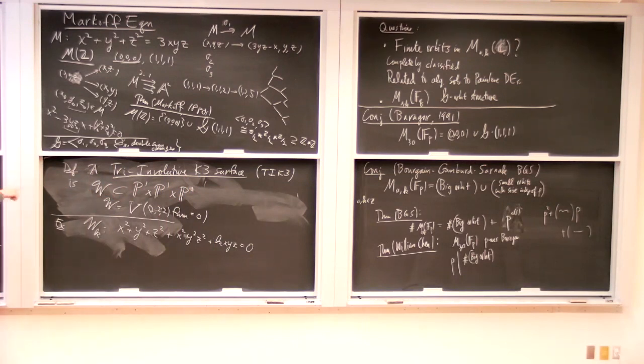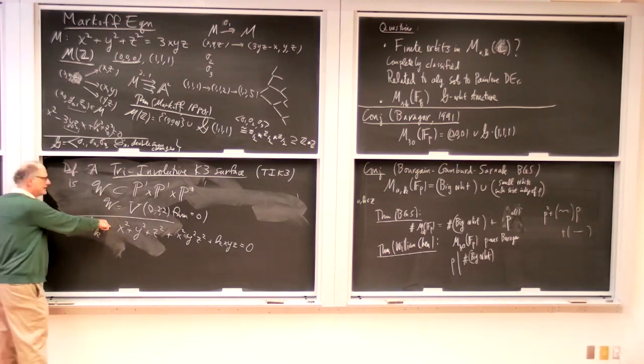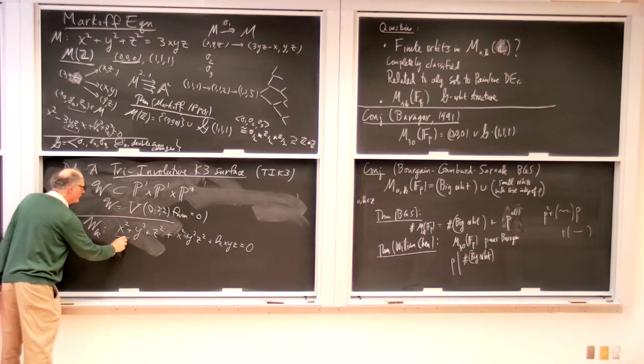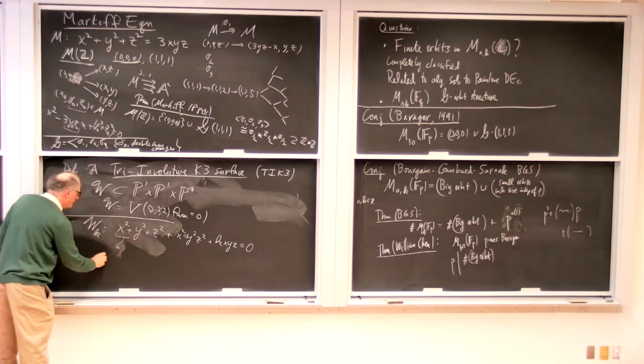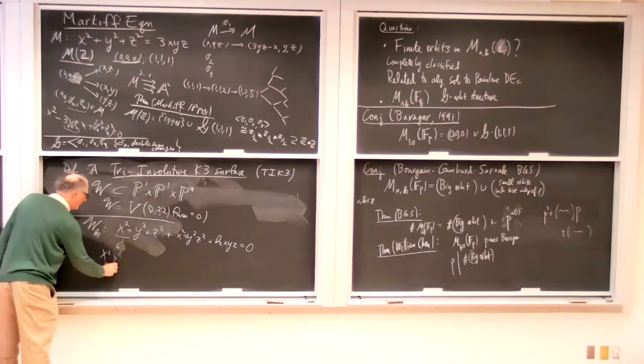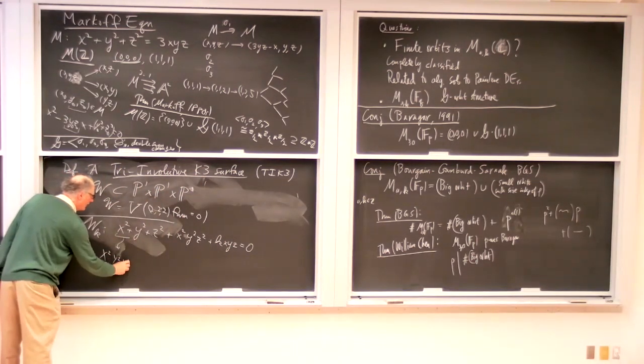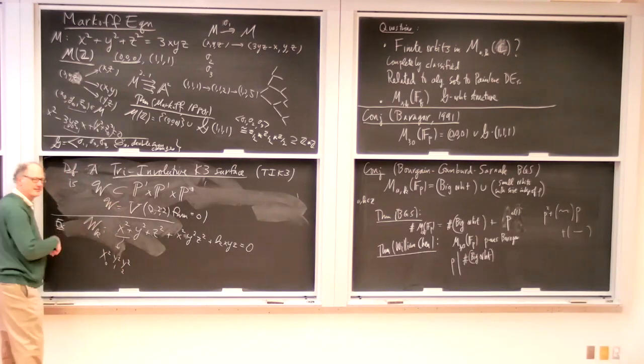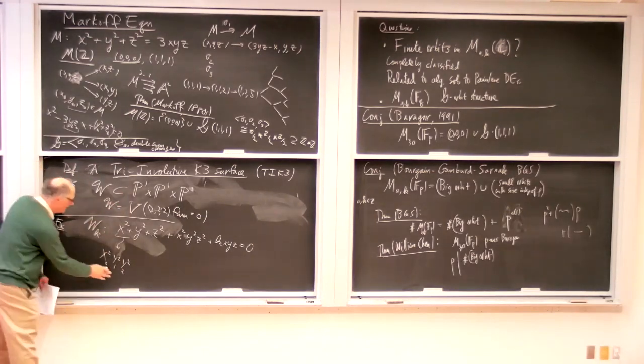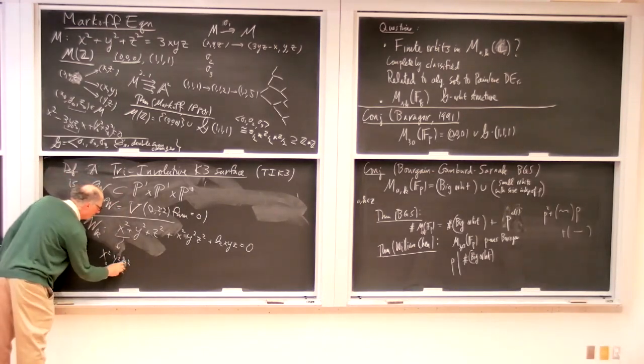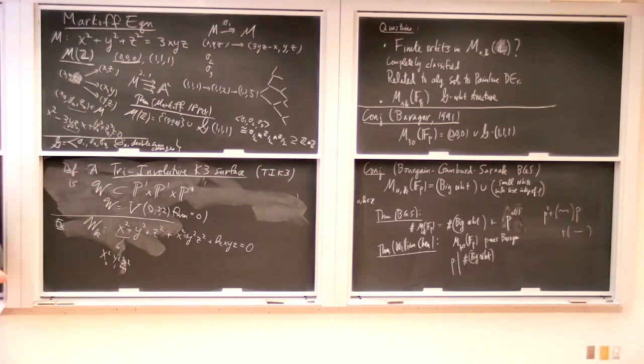And just so you realize, this is the affine thing. So this term really should be x0 squared, y1 squared, y2 squared, because it's dehomogenized, z1 squared, and so on.